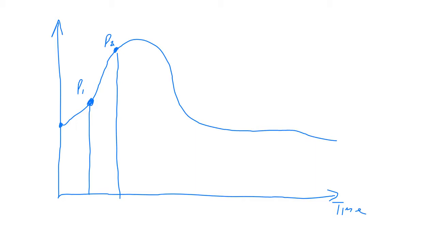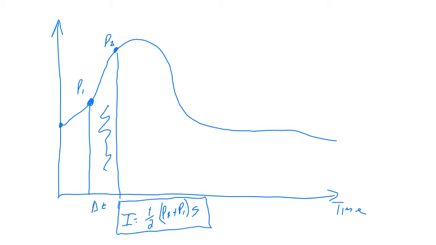This is my delta T. And then to do the integration, we would calculate all this area. So this would be 1/2 times power 2 plus power 1 times time, which was seconds. This is your integration piece, and we did that in class. This should really be delta T.